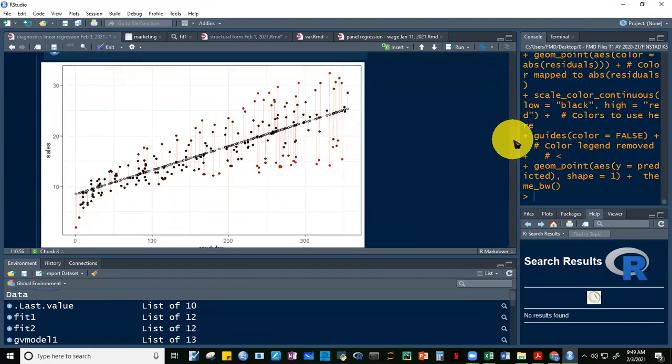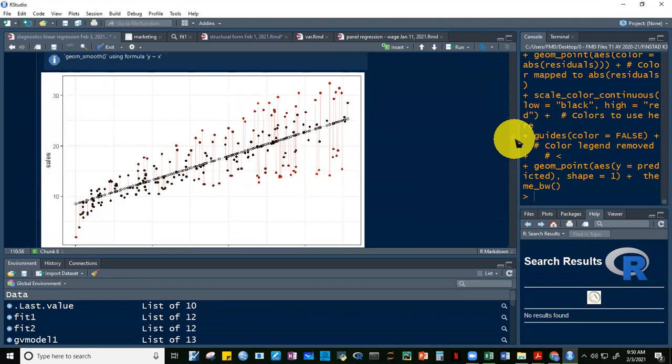Alright, you remember this, I sometimes draw it manually. This is our regression line, and these are your actual points. It drew segments. These segments are the distance between your fitted, your predicted value, and your actual value. This is the actual value, and this is its fitted value.